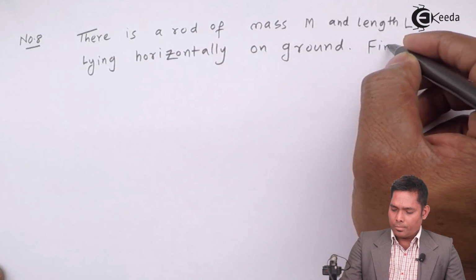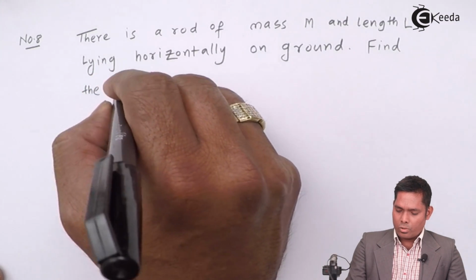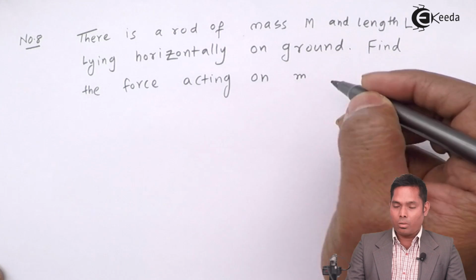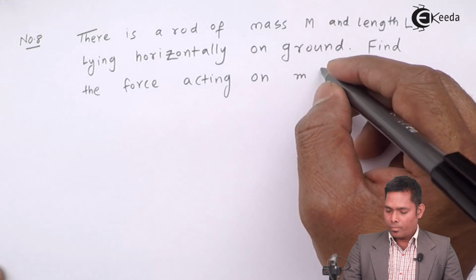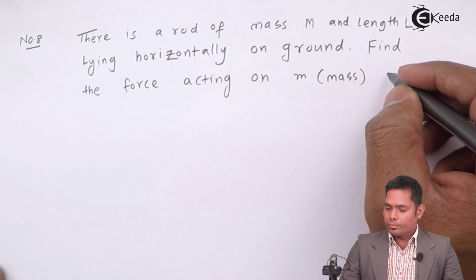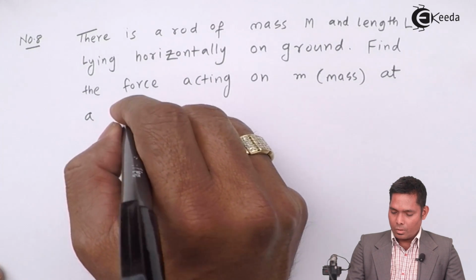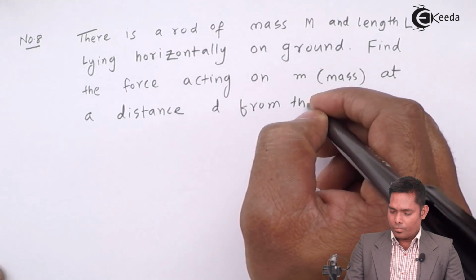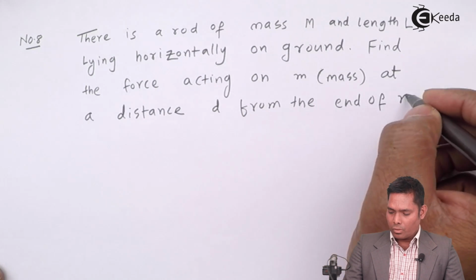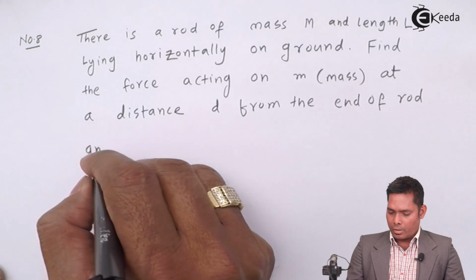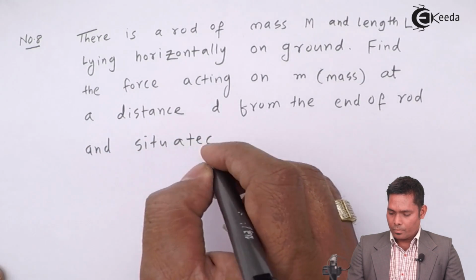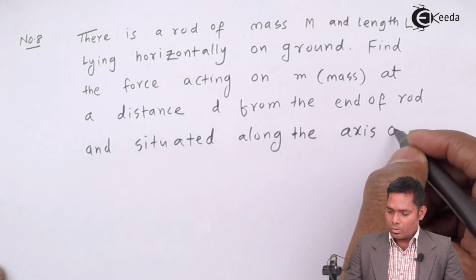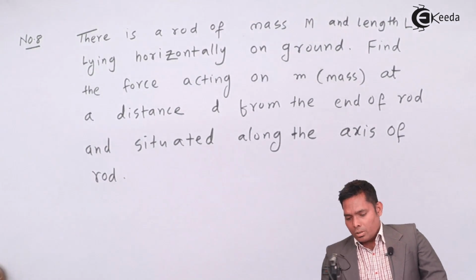We have to find the force acting on small mass m at a distance d from the end of the rod and situated along the axis of rod. So this is the question.